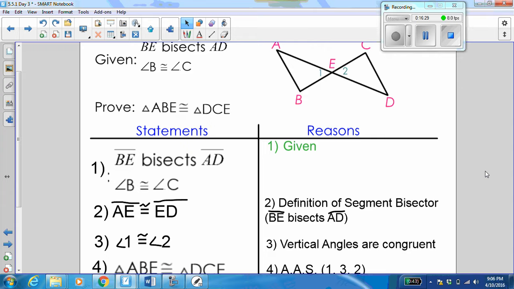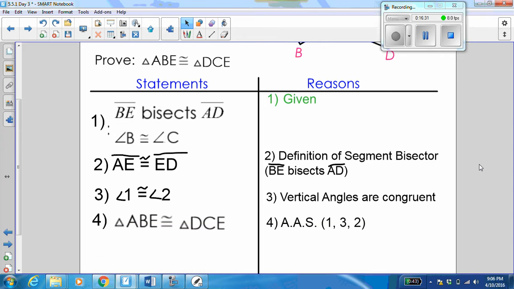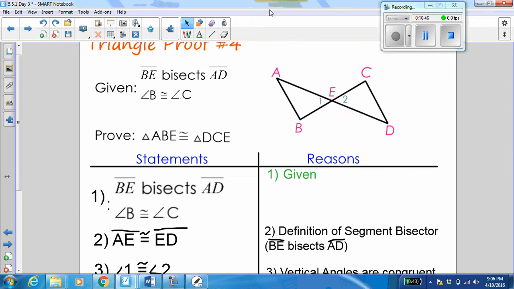All right, so if you tried this on your own, you should get a proof very similar to this, 4 steps. You may have switched around step 3 and step 2. But the reason why this one is angle, angle, side and not angle, side, angle is the order that we're given.